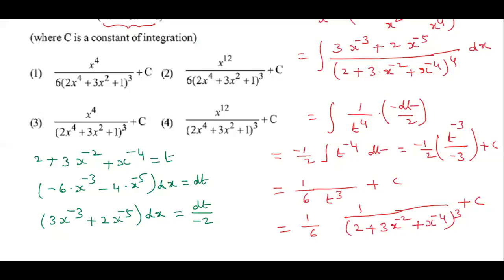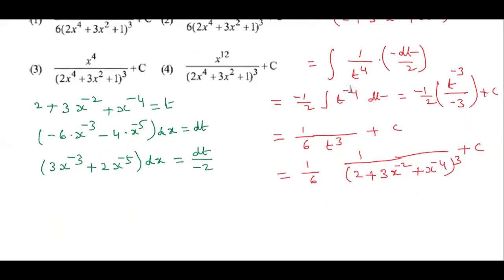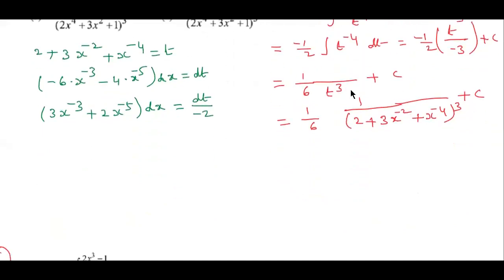But see the answer, the power should be positive. Here we have to do some calculations. 1 by 6 into 1 divided by 2 plus 3 by x square plus 1 by x power 4, whole cube plus c.